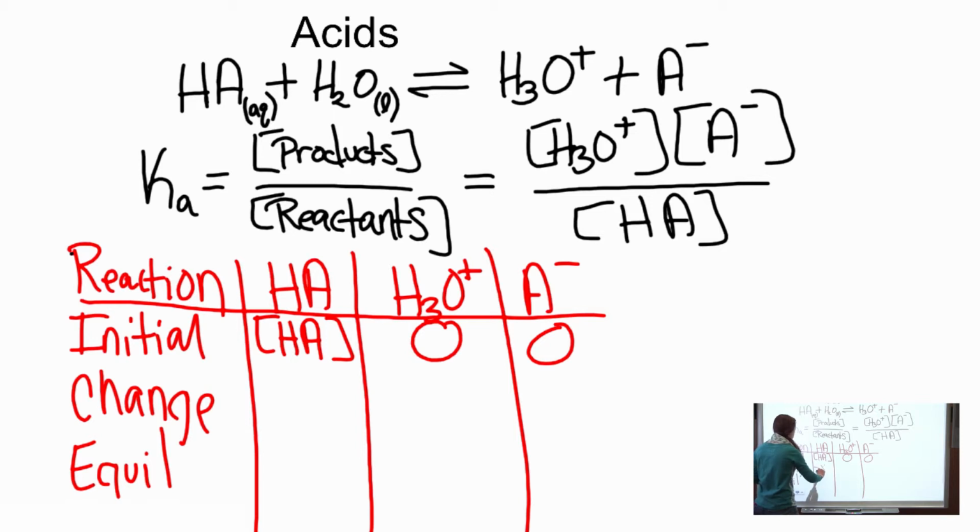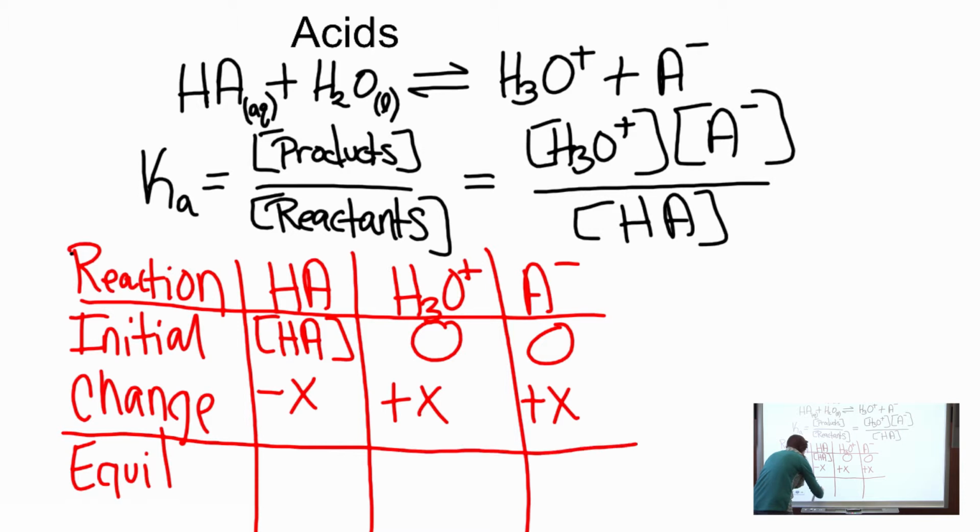So we'll go minus X and then plus X. And then for your equilibrium, you're just going to pretend that there's a summation line here. So we have concentration of your acid minus X, and then plus X, and plus X for both your products.